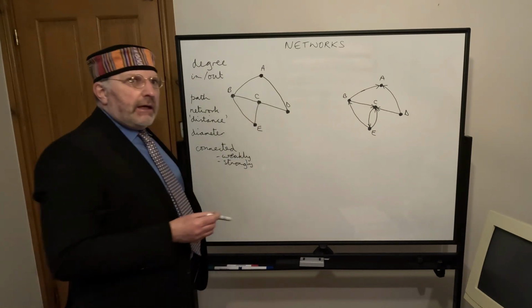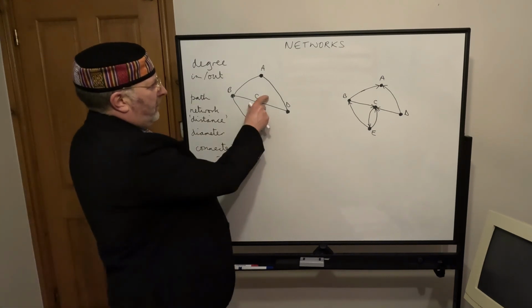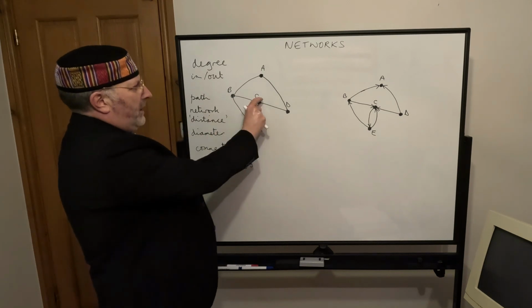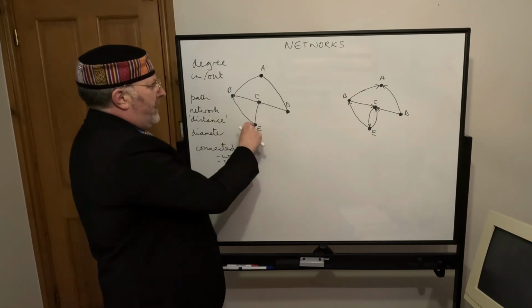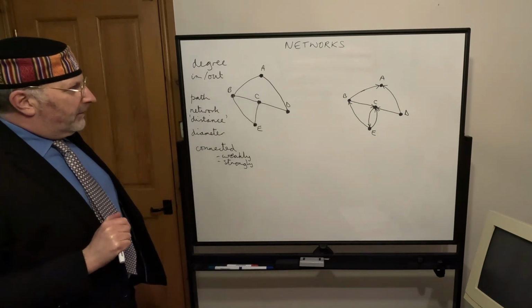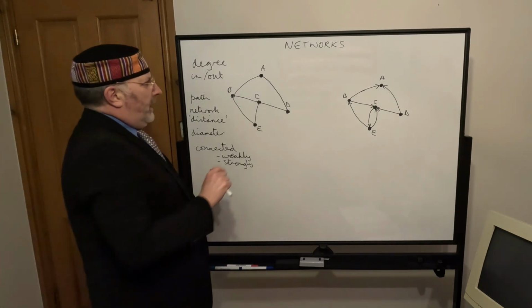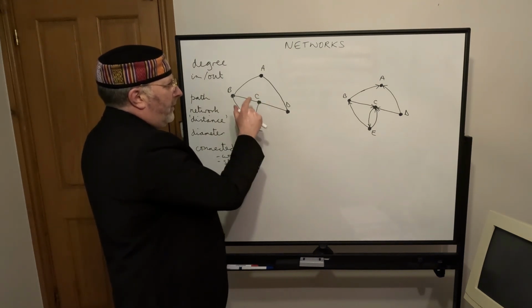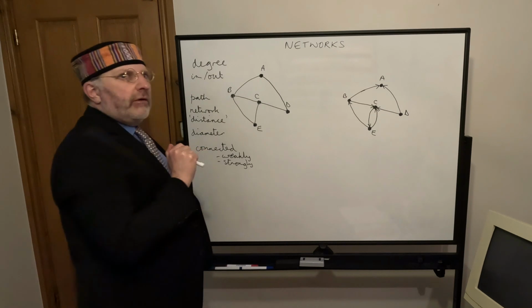Would that make the network disconnected? It certainly looks like a very well connected node. But actually, if we took C away, E, B, A and D would still be connected. And there's no node we can take away from this network that will leave it disconnected.